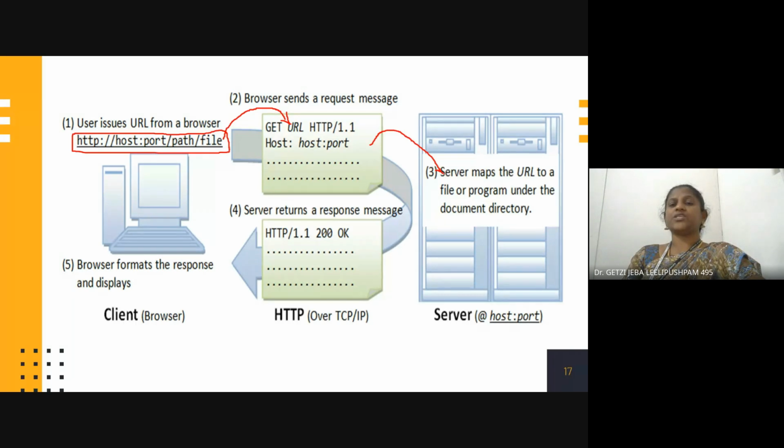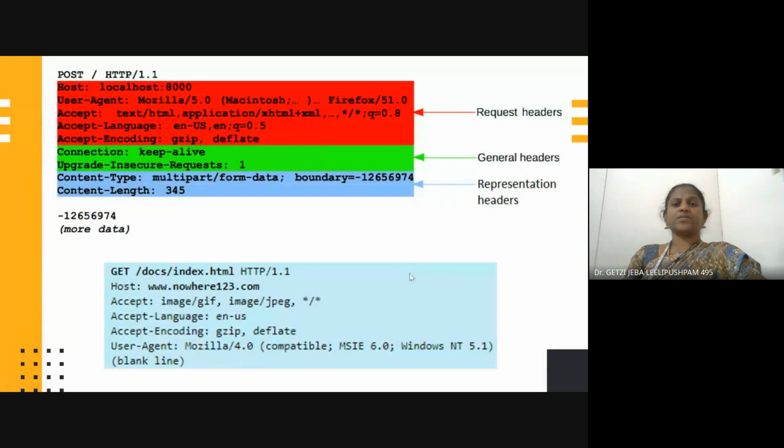The server will check for the particular web page in its database and frame the response message, and then the response message comes to the client. So a request message is framed on the transmitter side, and a response message is framed on the receiver side. What is in a request message is what we are going to discuss first.